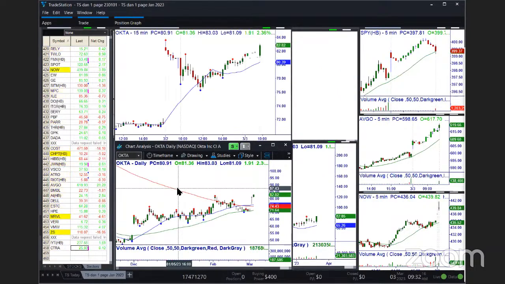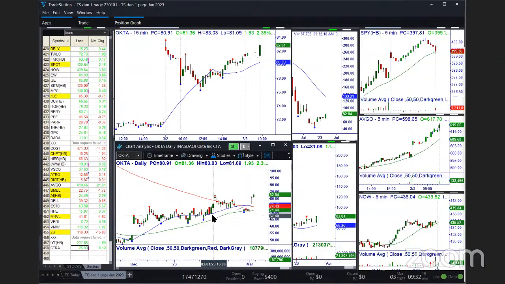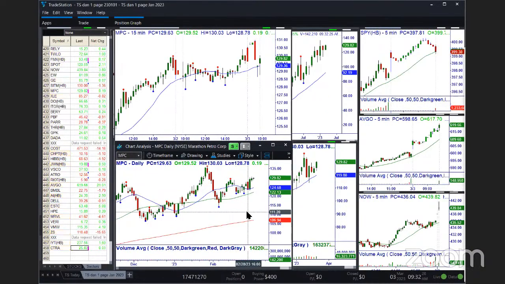MPC came back. Yeah, Octa was on my list from yesterday. It's just with the market coming in, I'm not rushing into longs, but it looks good. MPC, I had my alarm early, but the entry is yesterday's high. Or wait, actually, I think I said closing price or something. Let me look. 130.40 MPC.